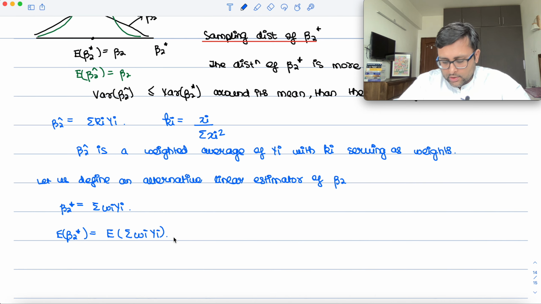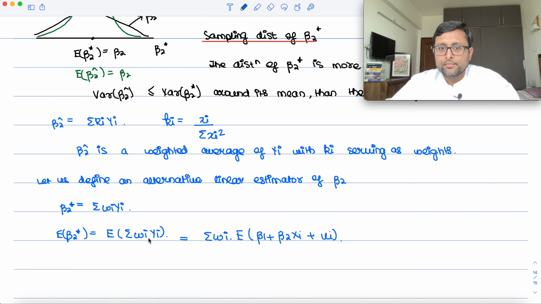So can I write it like this? Summation of wi times E of yi. But what is yi? Beta 1 plus beta 2 xi plus ui, right? It's going to be like this. E of ui is going to be 0.